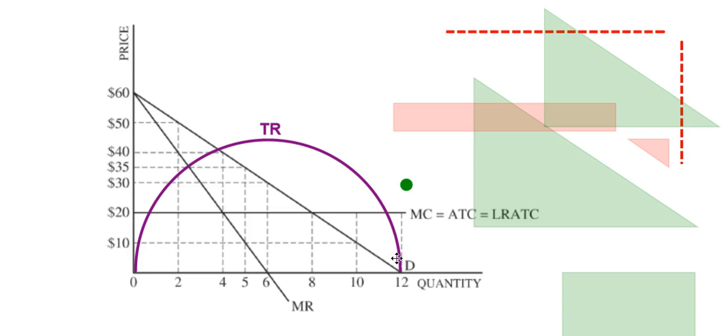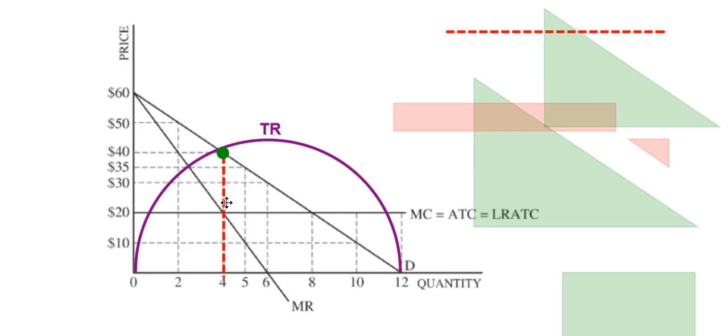Okay, so we want to find the point where marginal revenue equals marginal cost, and that's right here. So we can see we have a quantity of 4, and then if we extend that line up to the market demand, we see that we have a price of 40. So this is where the firm is going to maximize their profits.